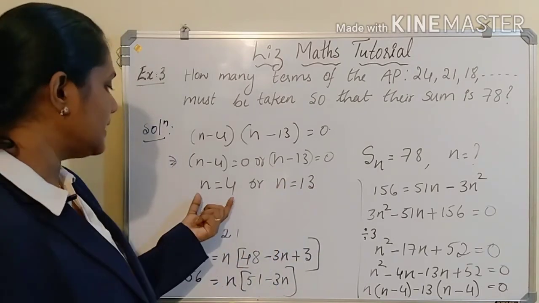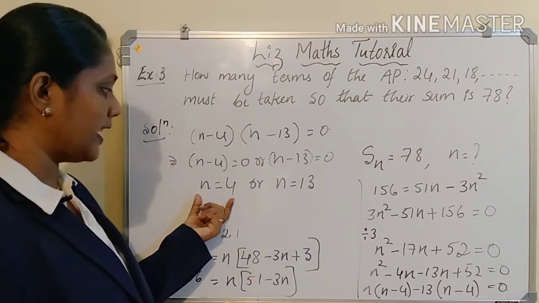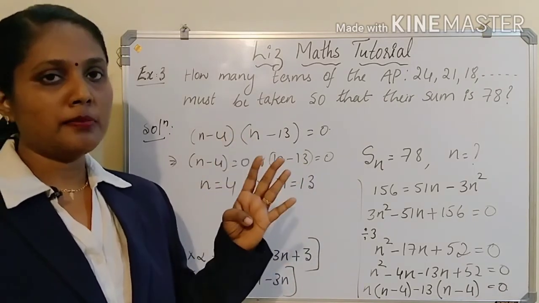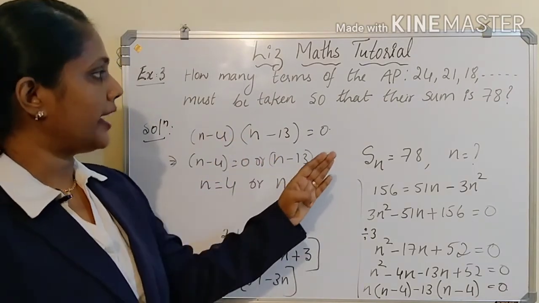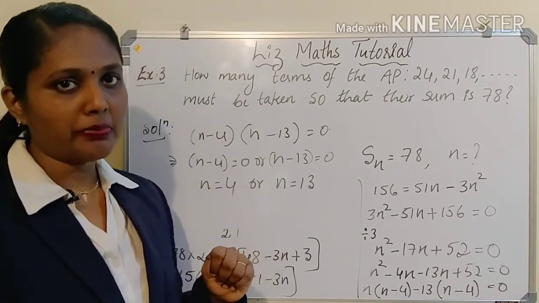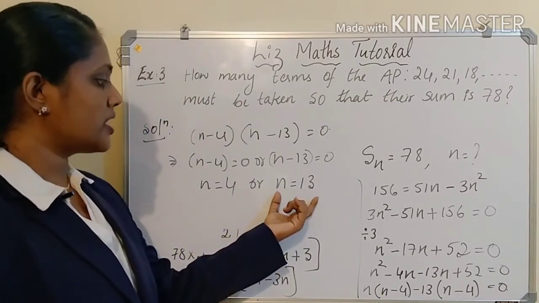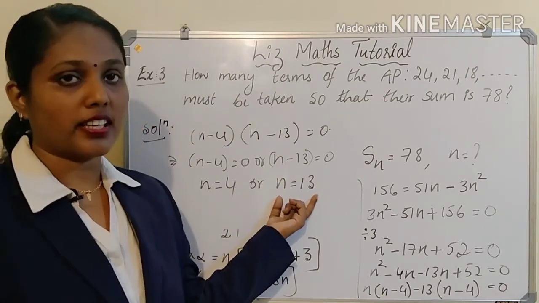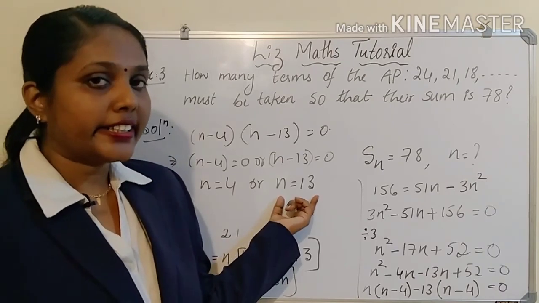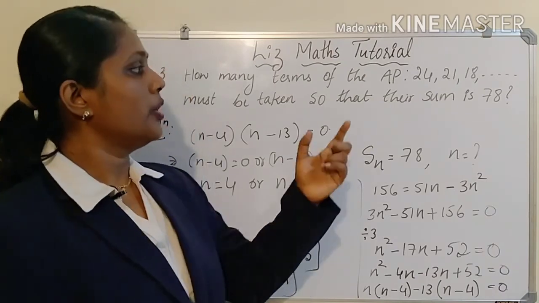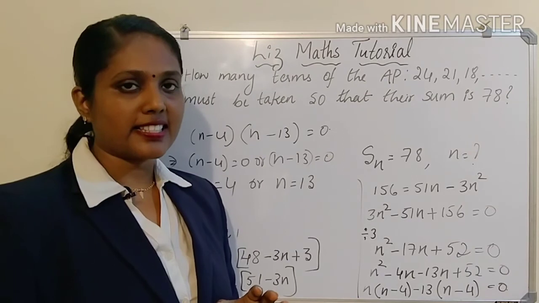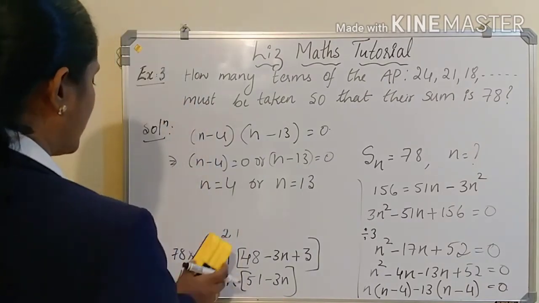See, when you take the first 4 terms total, you get 78 as the sum. And similarly, when you take any 13 terms, when you go for adding 13 terms, then also you will get 78 as the sum. You can write the conclusion here.